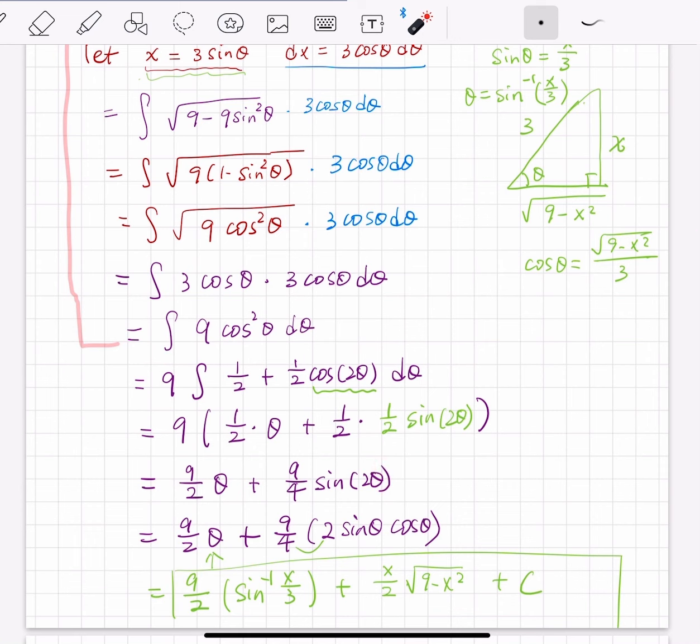Then rewriting sine of 2 theta using the double angle formulas because of the right triangle here, I can replace sine of theta, cosine of theta, and then theta. A quick reminder that this one is the arcsine, the inverse function of the sine. So this is the inverse function symbol. It's not the negative 1 power.